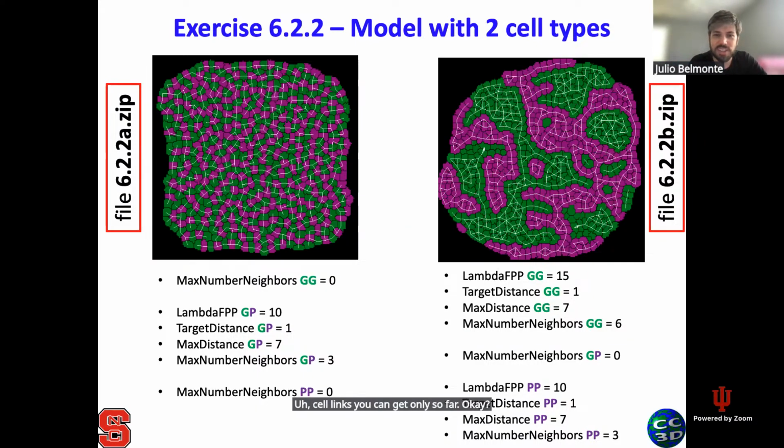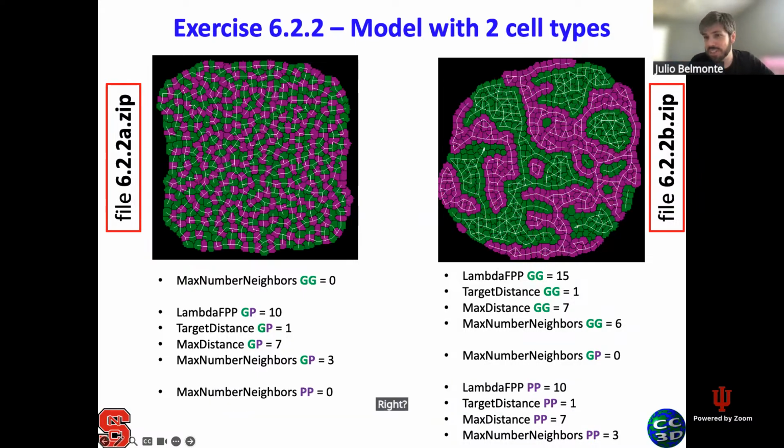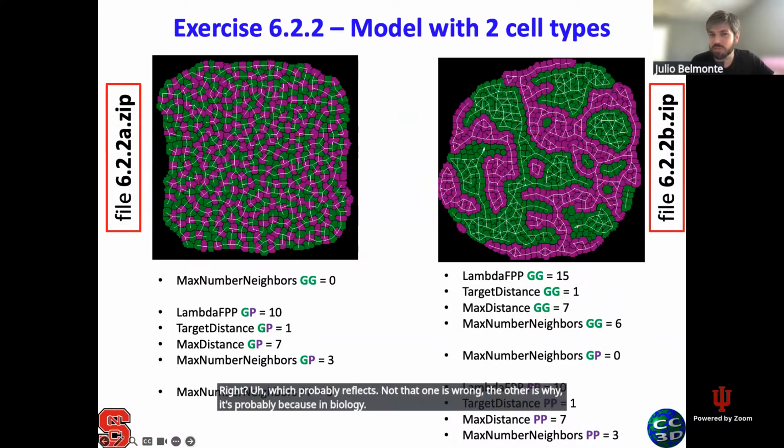But that was my recipe, and you see that other people have done other recipes, and that's the nice thing. A group of modelers trying to reproduce a process will each come with a slightly different recipe, which probably reflects not that one is wrong and the other is right, but that in biology there are multiple ways to achieve the same result.